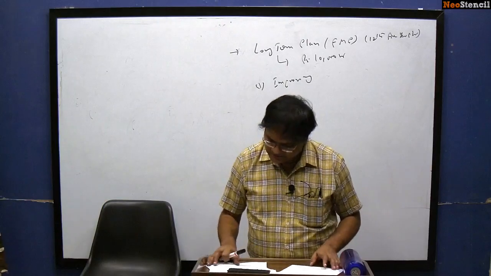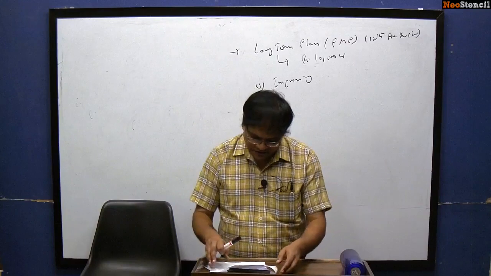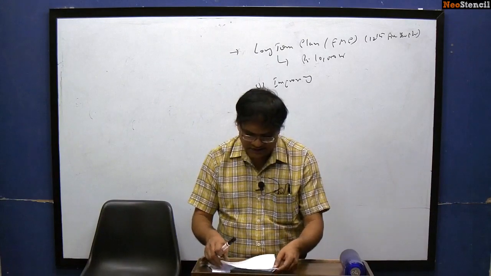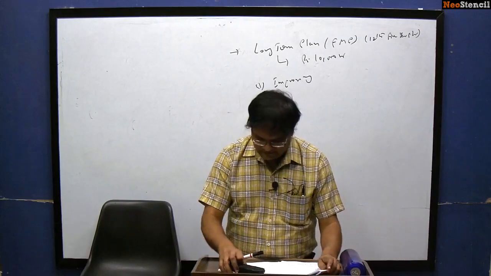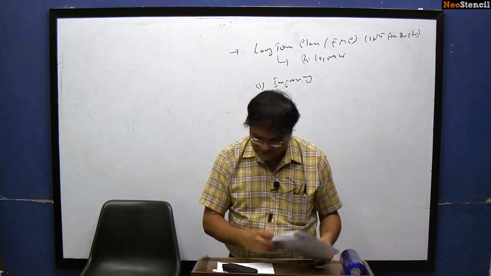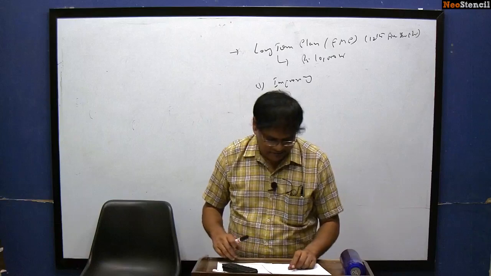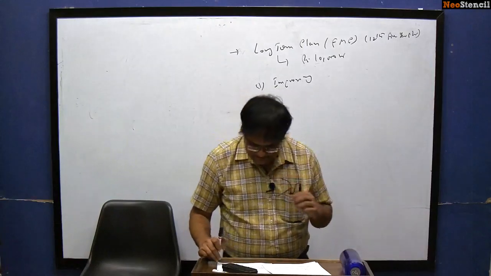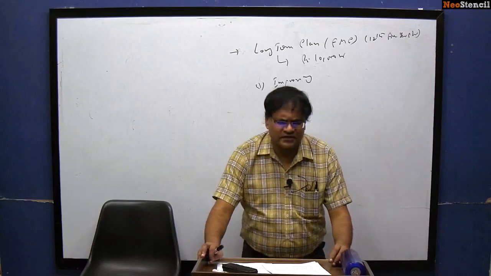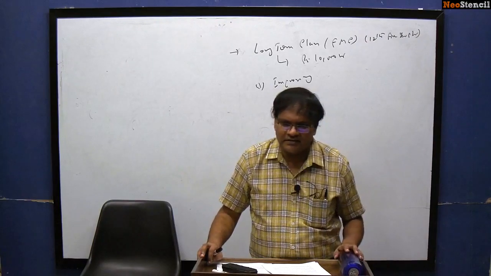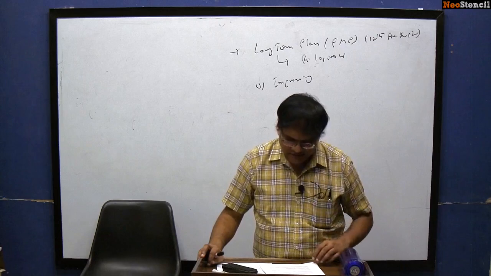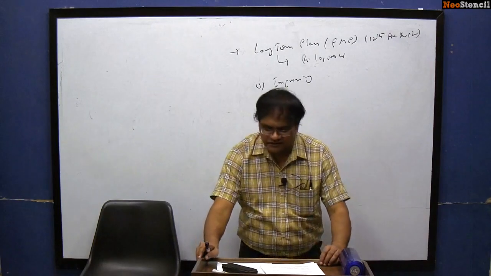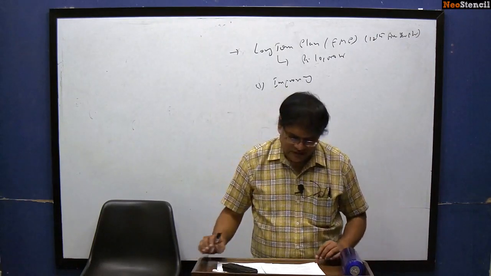Next question. Climate change is occurring much faster than predicted. Discuss the reasons for the same and suggest measures. Again, this climate change is a very important topic because we can give an example of how climate change is occurring very fast.